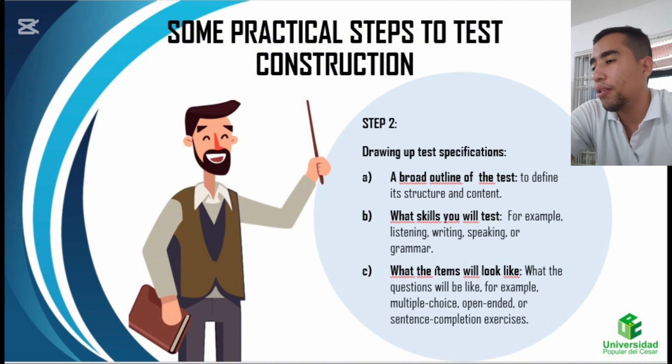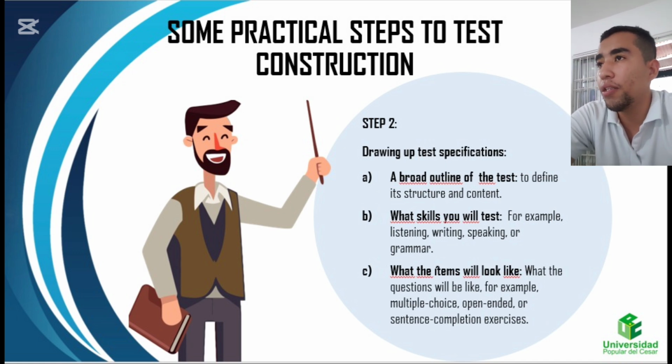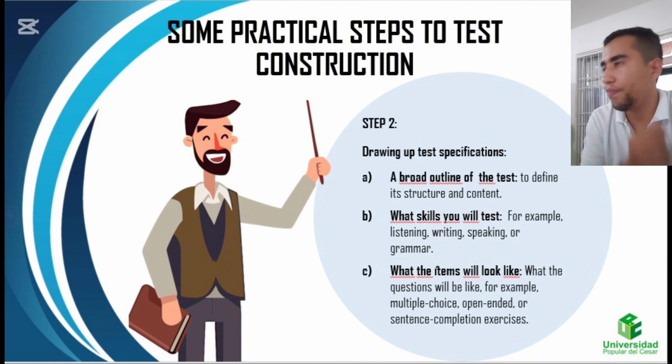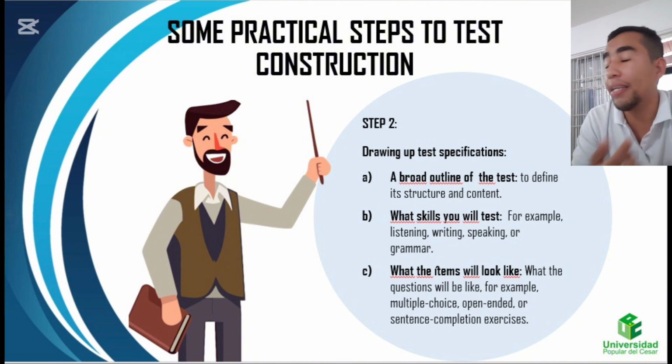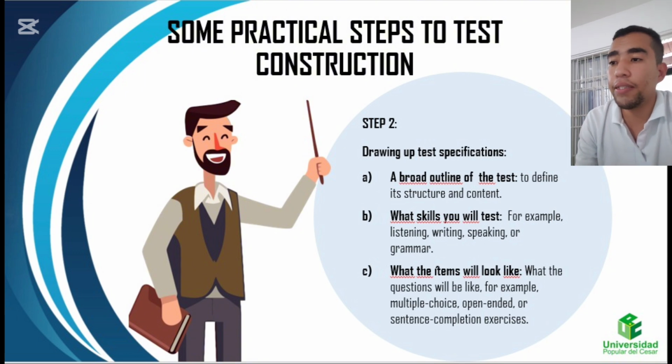And sometimes we don't have an idea about the topics or about the skills that we want to evaluate. But for that reason it's so necessary to have this clear.